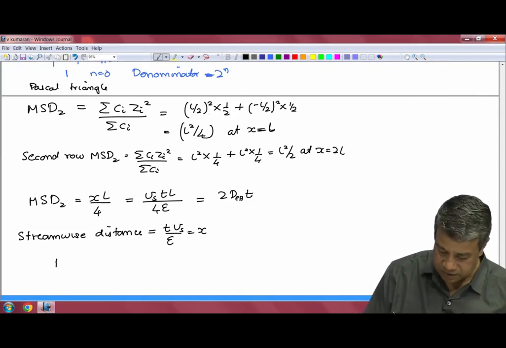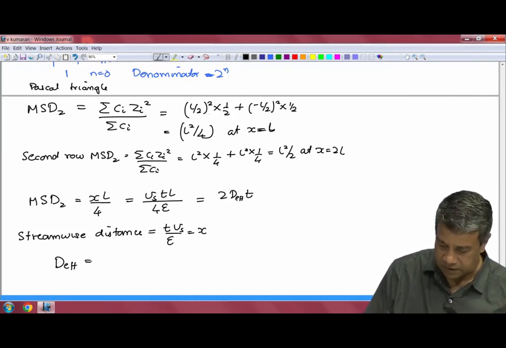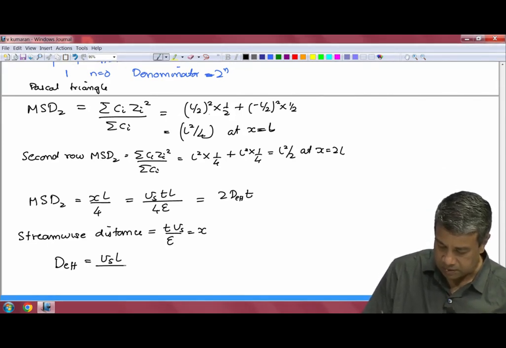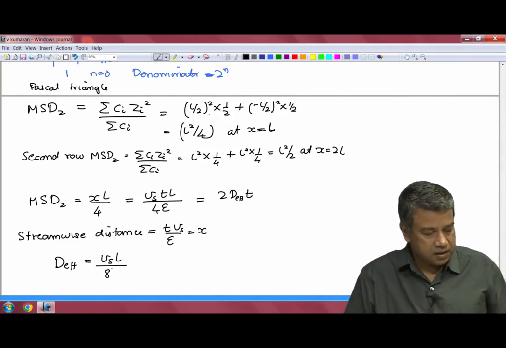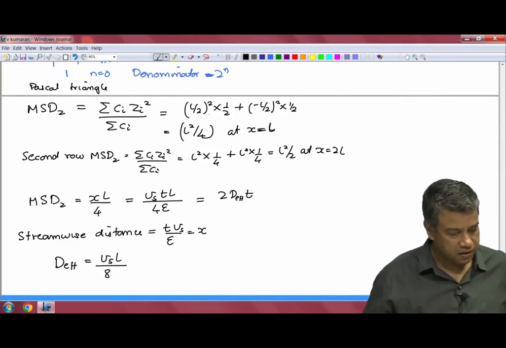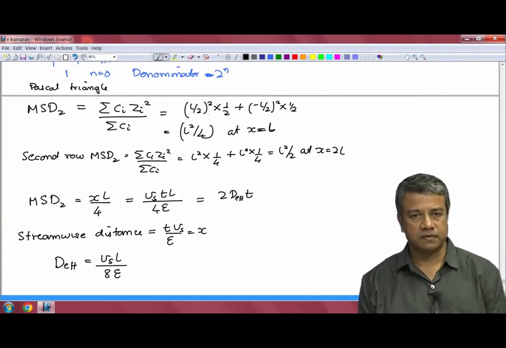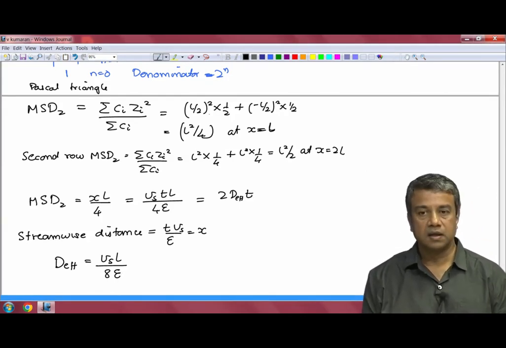And this gives us the expression for the effective diffusion coefficient, which is equal to Vs into L by 8 epsilon, I am sorry. That is the expression for the diffusion coefficient.